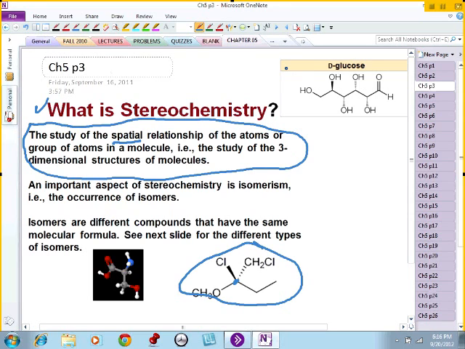For those of you going to biochemistry, stereochemistry is very important. For those of you going to the pharmaceutical industry, stereochemistry is very important. If, for example, you take a look at this molecule here, D-glucose, most of the physiology of our body depends on the use of this D-glucose for the generation of energy.